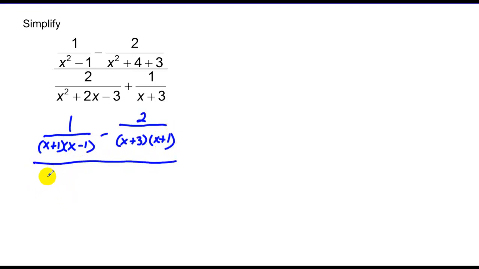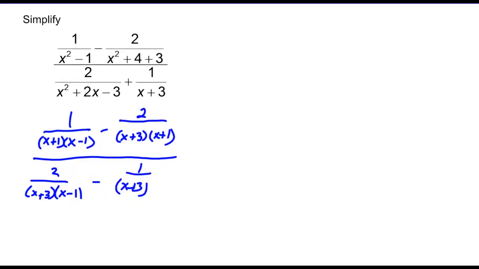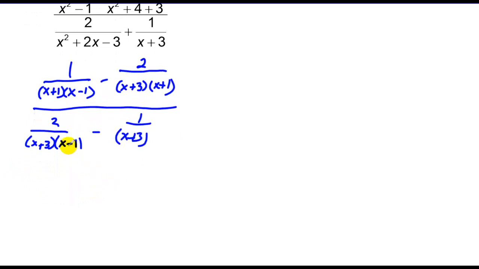In my denominator, I have 2 over x minus 3, I'm sorry, that's x plus 3, x minus 1, and then x plus 3. So now what I'll need to do is find common denominators for the numerator, and in this case, if I'm looking across the board, I need an x plus 1, an x plus 3, and an x minus 1.